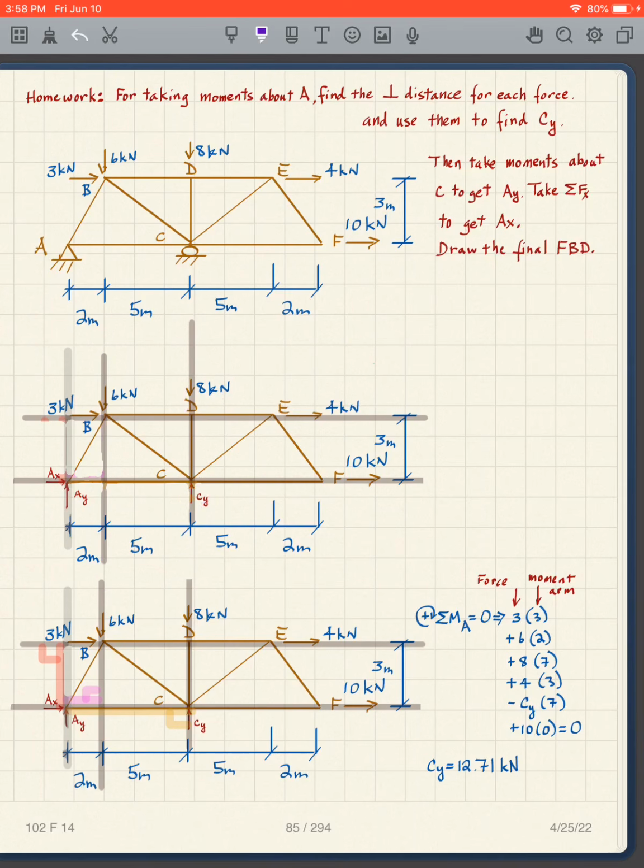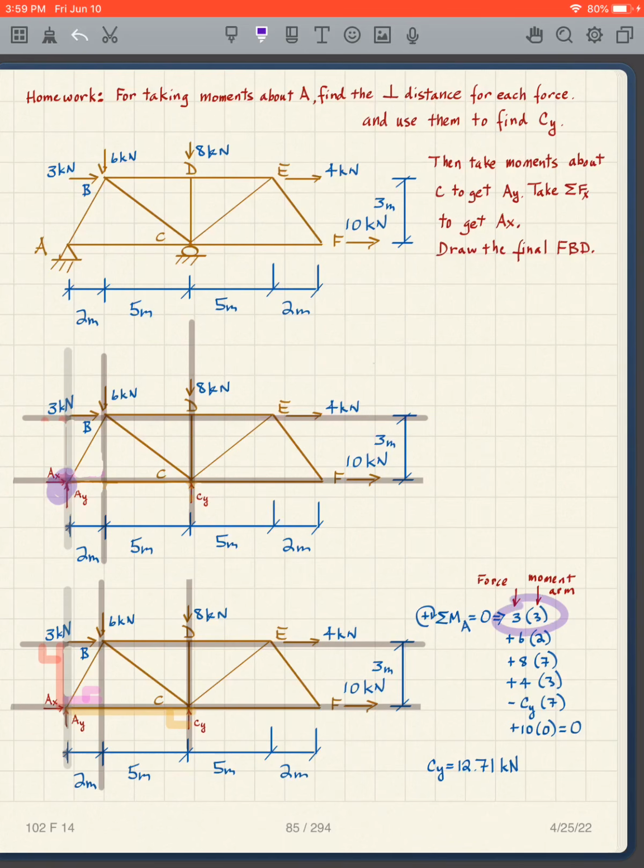So I'm taking moments about A. And so, there's my line of action for the 3. And what is the perpendicular? There's the perpendicular distance to that line of action. And it's 3. So 3 kilonewtons times 3.